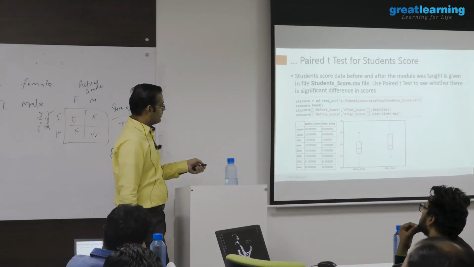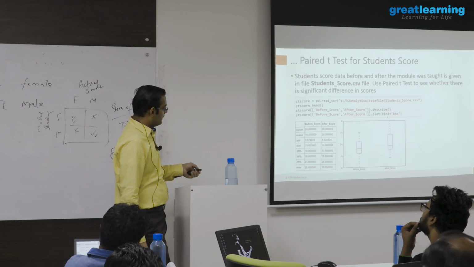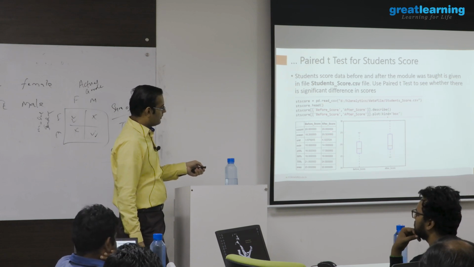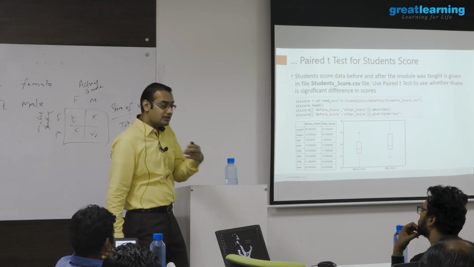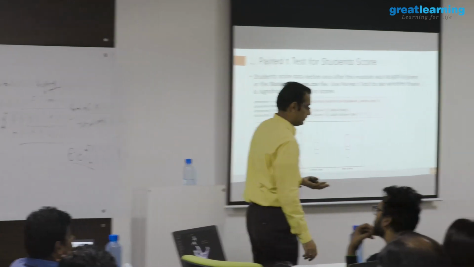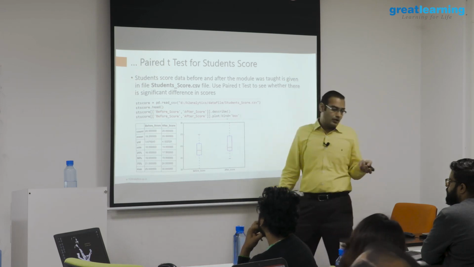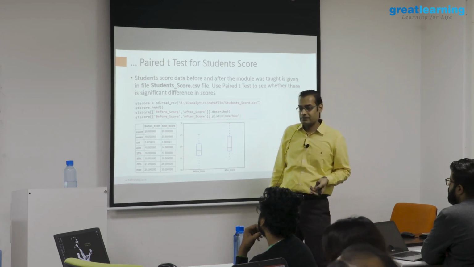If we do descriptive statistics, we see the mean before is 18, and the score after the training is 20. Not much difference. But is this difference statistically significant is the question. Visibly, I feel 18.2 and 20.5, not much, right?